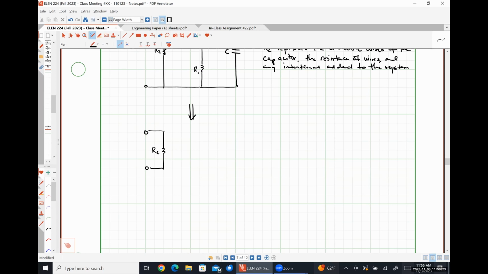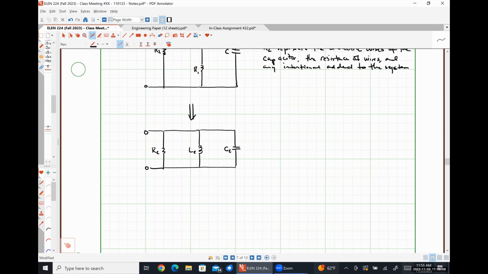In parallel with some inductance L sub E, and then in parallel with some capacitance C sub E. So our ultimate goal would be a simplified form that looks like either a parallel RLC circuit or a series RLC circuit, because we know how those behave. So that's our ultimate goal.